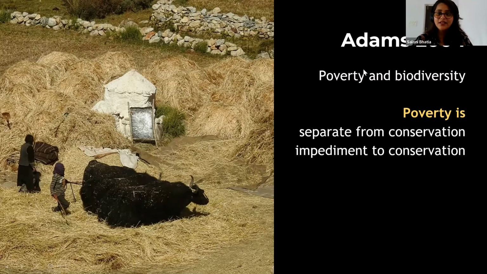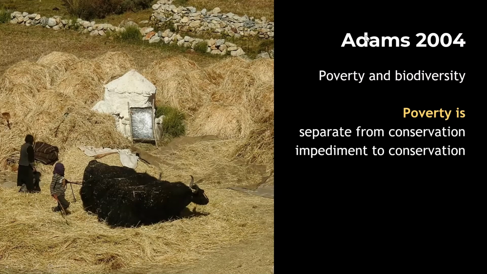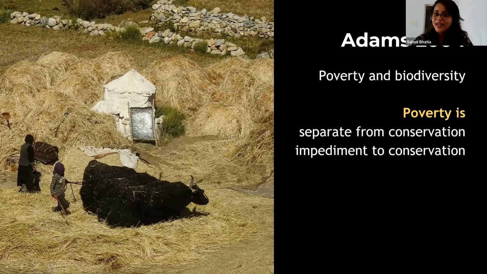The next one is where they say poverty is an impediment to conservation. Would you like to give an example of that? Of a view that thinks that poverty is a constraint to conservation, and what would be an example of that?